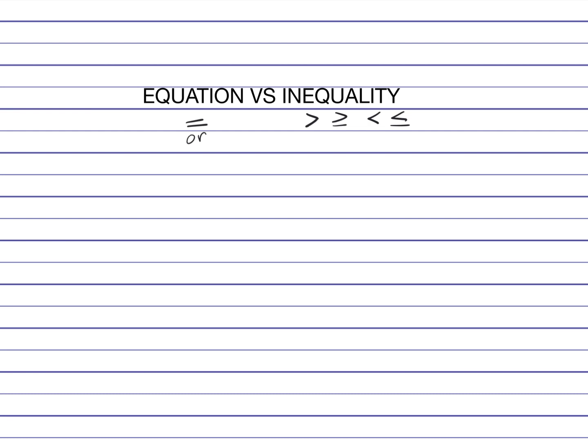For inequalities, this symbol and this symbol, they're side by side, and each have different conjunctions when you're working with absolute value. It has to be absolute value and an equation, or absolute value and an inequality. So if you have absolute value and one of these symbols, then my conjunction is or. If you have absolute value and one of these symbols, my conjunction is and.